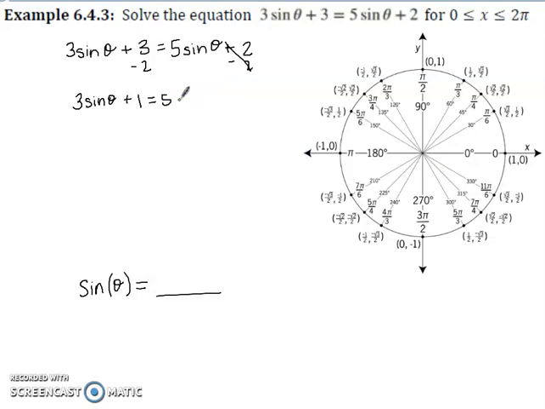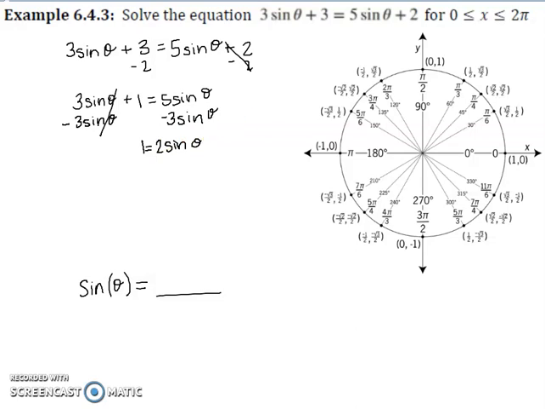I want to isolate my sine theta, so I need to combine those like terms. I have 3 sine thetas on the left, so I'm going to take away all 3 of those sine thetas from the left side and the right side. That leaves me with 1 equals, and then on the right, now I have 2 of those sine thetas.